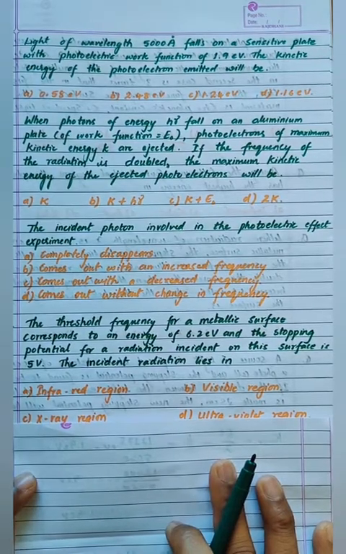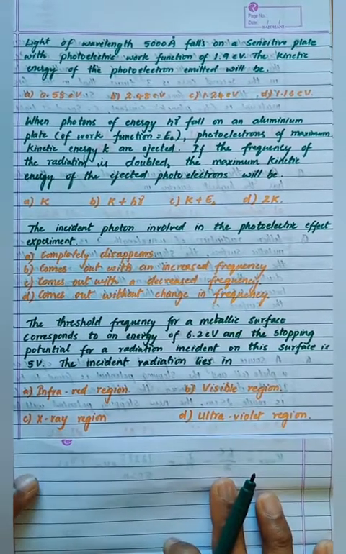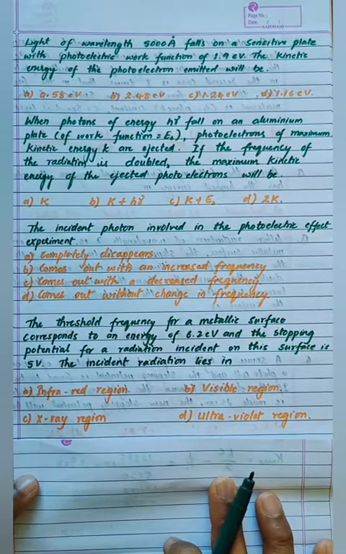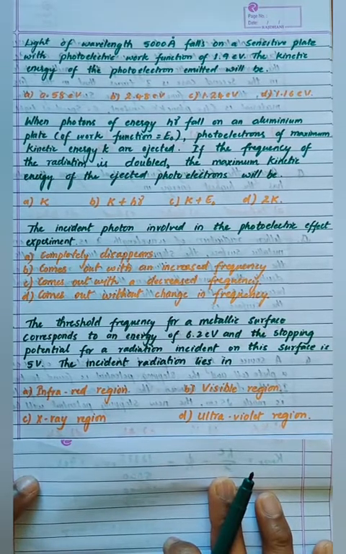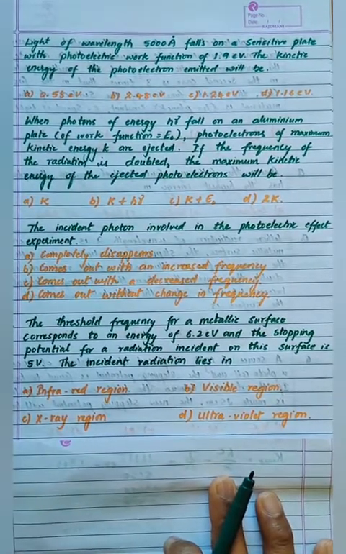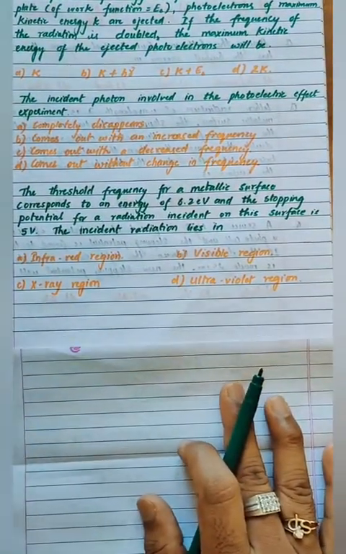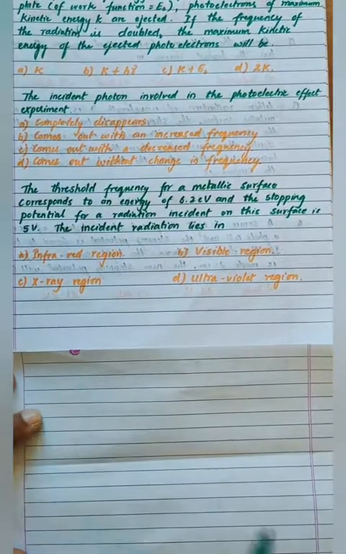The incident radiation lies in which region? So we have to find the lambda, and then we should know where the lambda is lying, right? We'll solve it now. This may require a lot of time, so keep solving, I will also be solving.